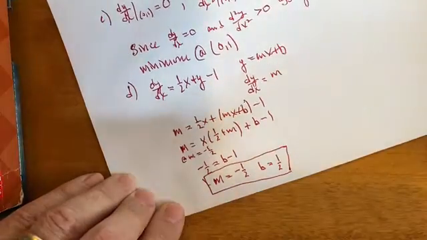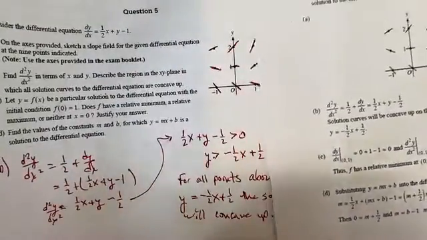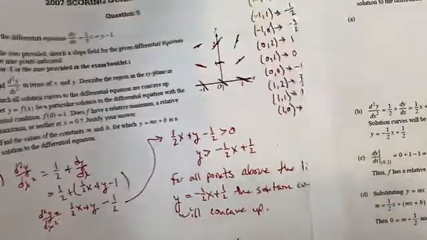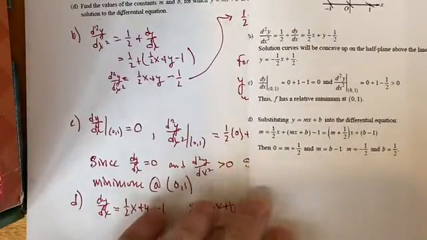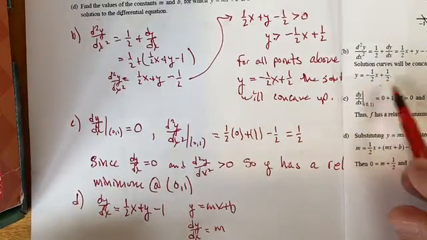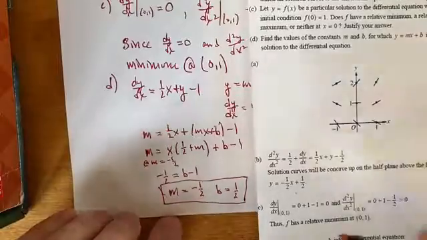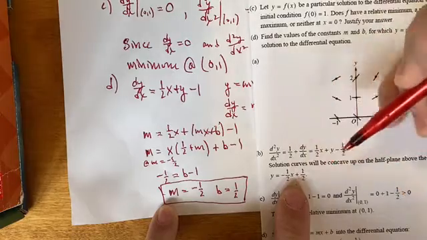If we look at the scoring guidelines, looks like slope fields are the same, right? So look, the slope fields are the same. They get the same equation. I don't know if you noticed this, but the answer to B, and maybe you guys can explain this to me, is the same as the answer to D, right?